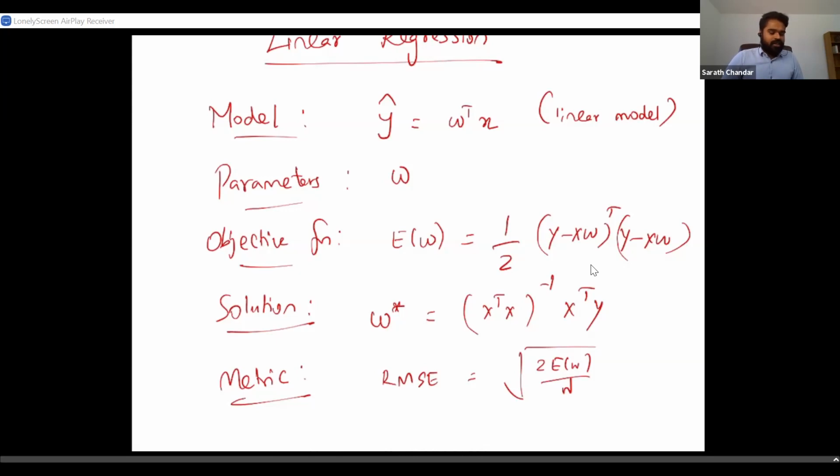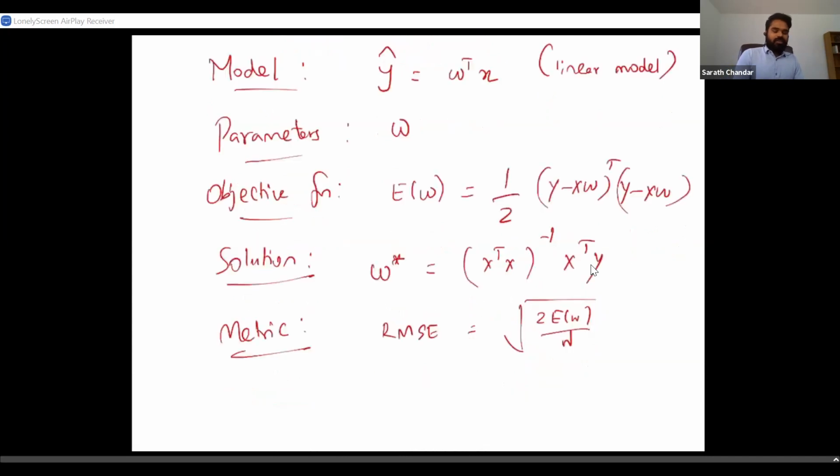We discussed that least squares might not be a good metric to consider, because it is a square and also it is dependent on n, which is the total number of examples. So instead we derived the RMSE, which starts from the least square error but corrects the mistakes that it had, right?